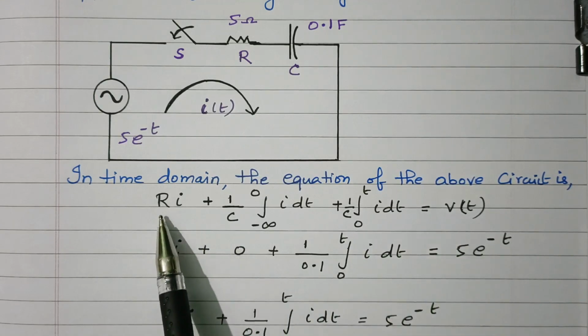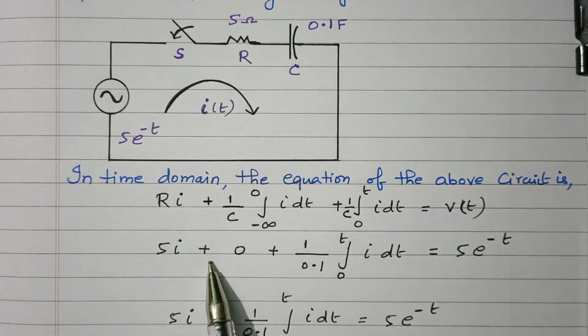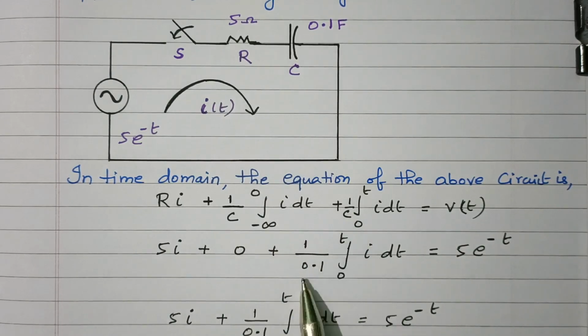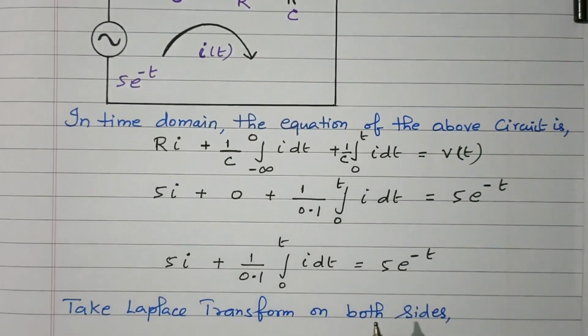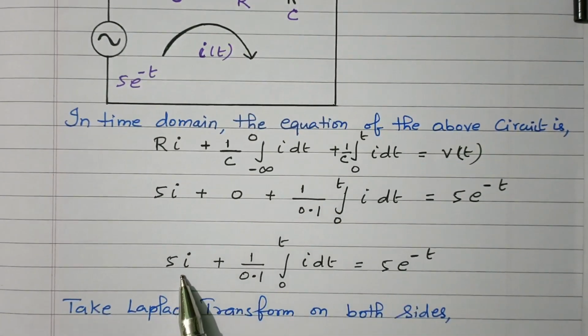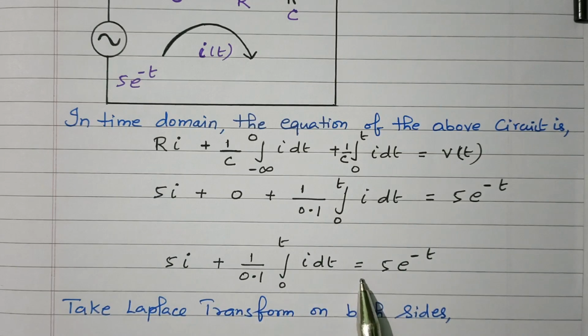Now substitute all the values. R is 5. So 5I plus initial charge is 0, given in the problem. C is 0.1, so 1 divided by 0.1, integral 0 to t I dt equal to 5 e power minus t. The applied voltage is exponential 5 e power minus t.